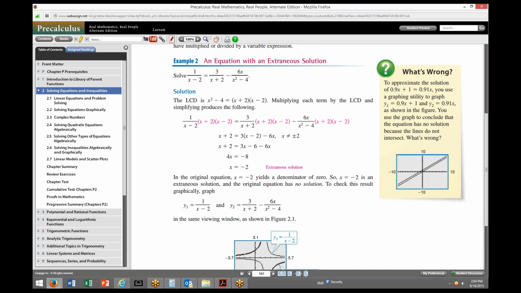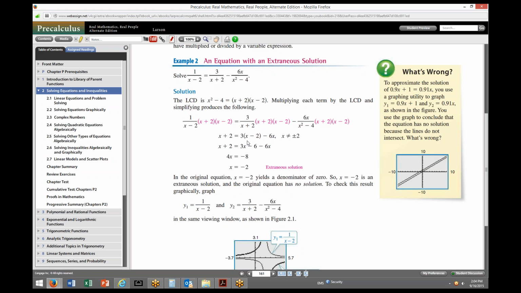And if you try to divide by 0, of course, it makes the entire expression undefined. So x cannot be 2 and x cannot be negative 2, but watch what happens as we follow through with good, standard, legitimate algebra steps and try to solve this equation now, which no longer has any fractions.